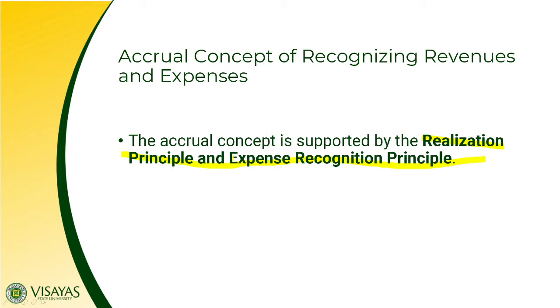And how about the expense recognition principle? Expense is recognized when incurred, regardless of whether cash is paid or not. That's the difference between the realization of revenue principle and the expense recognition principle.